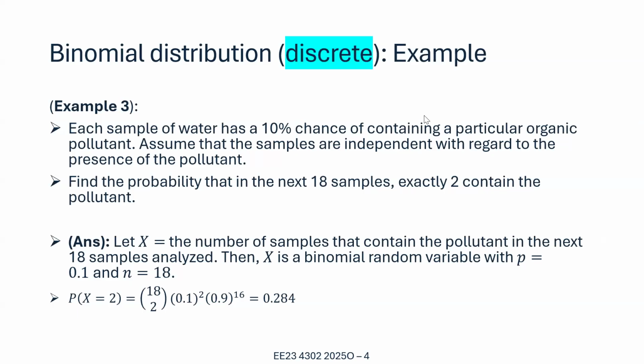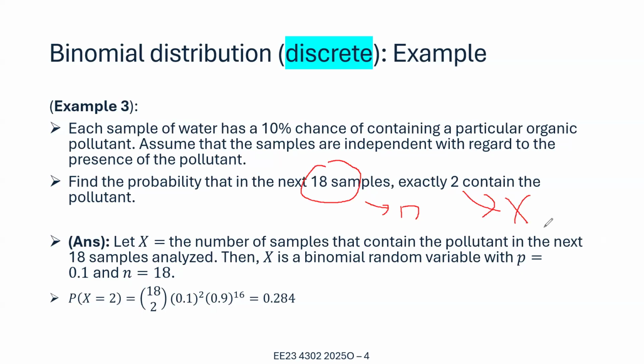So here the number of samples, or the number of trials, is the total number of things that we take. In this case, n is 18, and exactly two contain the pollutant, so this would be x.